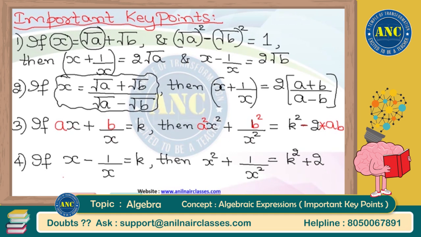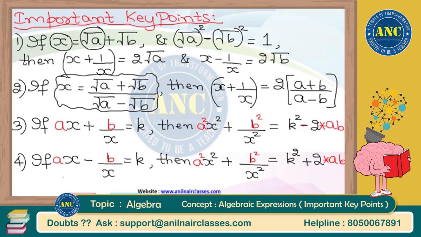Simple, you don't need to remember it separately and waste your time. Similarly, if ax minus b by x is equal to k, then a square x square plus b square by x square, instead of k square plus 2, becomes k square plus 2 into the coefficient of x, which is a, and the coefficient of 1 by x, which is b.